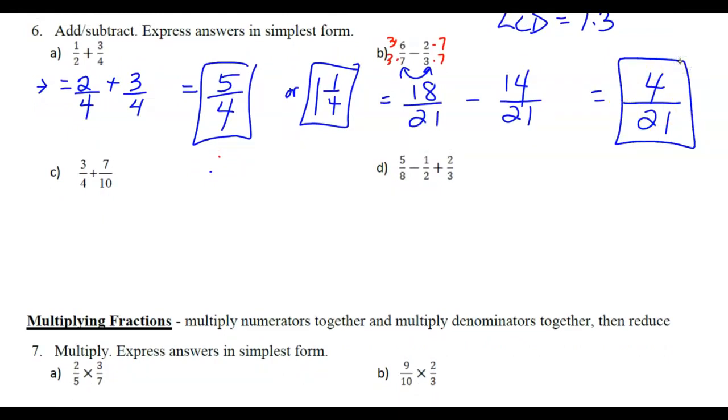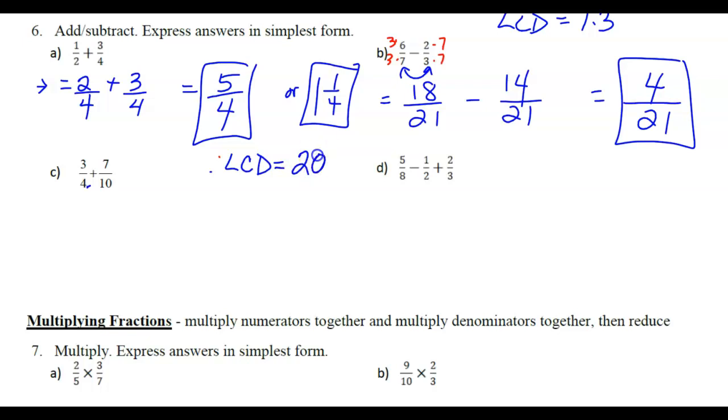C, not a common denominator, 4 and 10. Well, one possible common denominator would be 40. 4 times 10. You can always get a common denominator by multiplying them together. But is 40 the lowest common denominator? No. What do you think the lowest would be? 20, exactly. Because 10 has factors of 2 and 5. And this has a factor of 2, right? 2 times 2. So there's one that's been repeated.